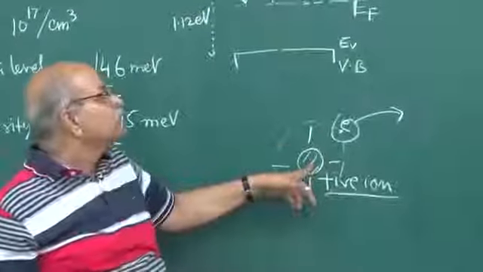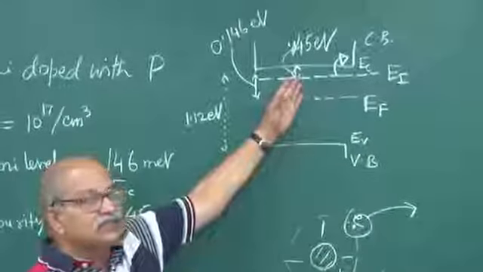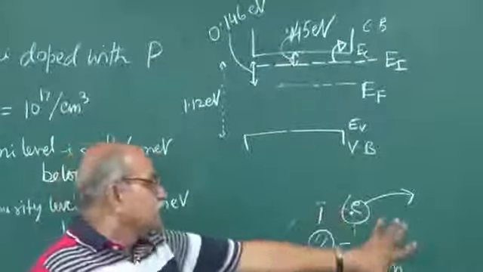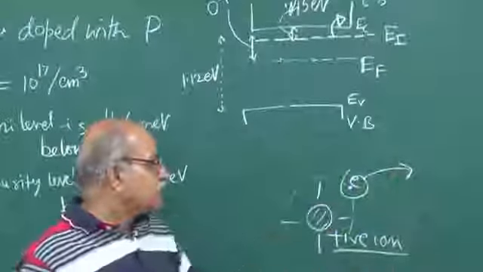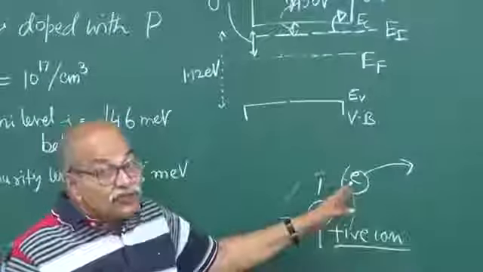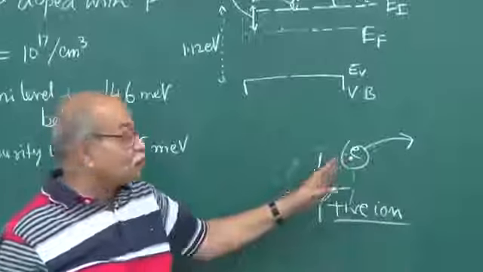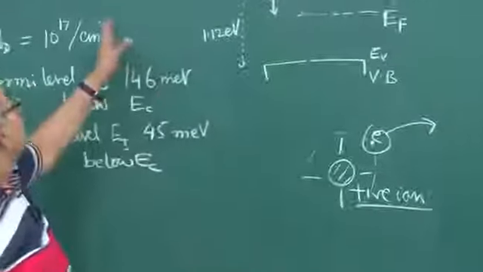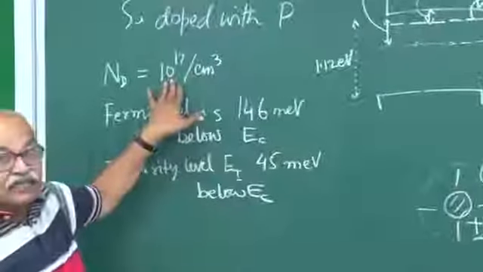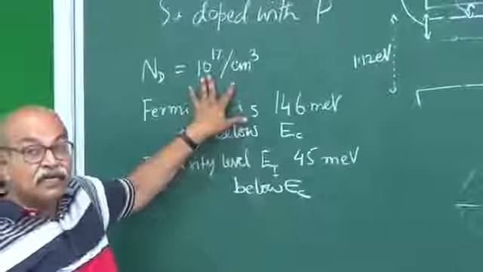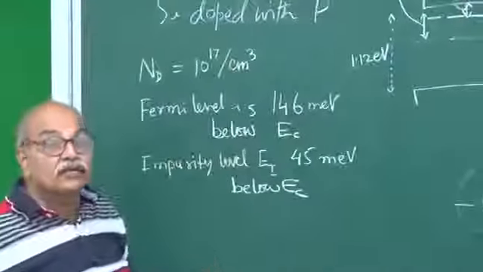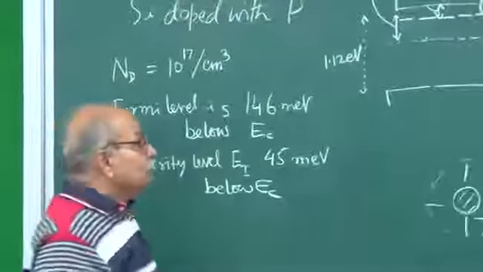So the question is, what percentage of the donor ions which are substituted in this lattice crystal are not ionized? Total number of donor ions per centimeter cube is given here. Out of these, how many are ionized and how many are not ionized?